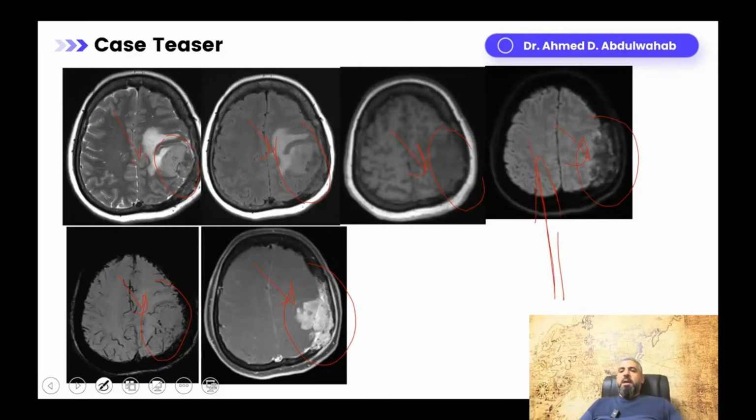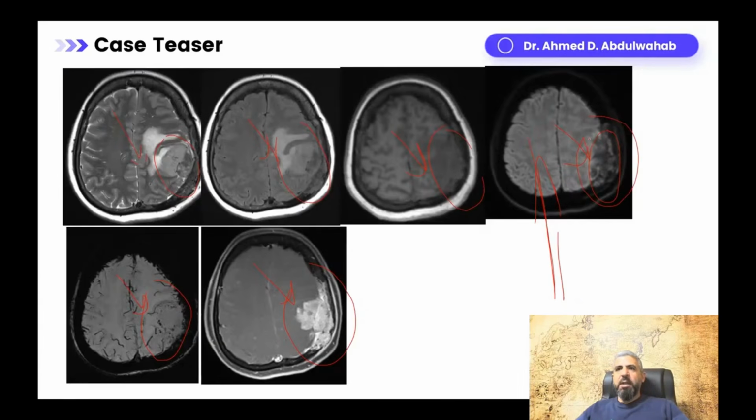Since it's not showing any increased signal intensity on diffusion weighted imaging, we don't need an ADC map. We need an ADC map only if the abnormality appears hyperintense on diffusion weighted images. Since there are no signs of diffusion restriction, and glioblastoma usually shows diffusion restriction while metastasis usually does not, this favors metastasis.